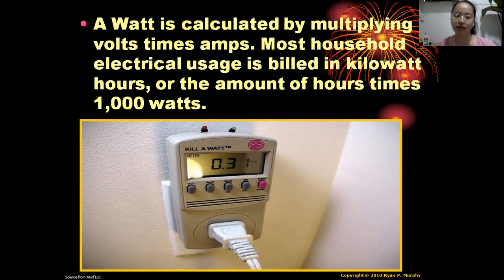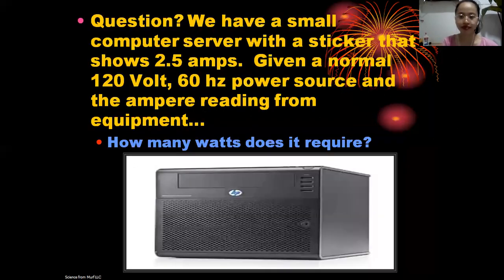Volts times ampere. So voltage times current. So most household electrical usage is billed in kilowatt hours or the amount of hours times 1,000 watts. So now I want you to get your calculator and try to solve this problem.